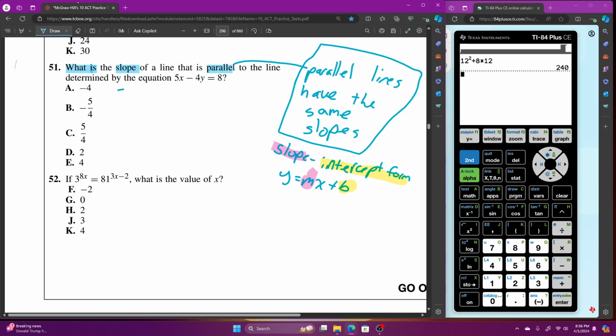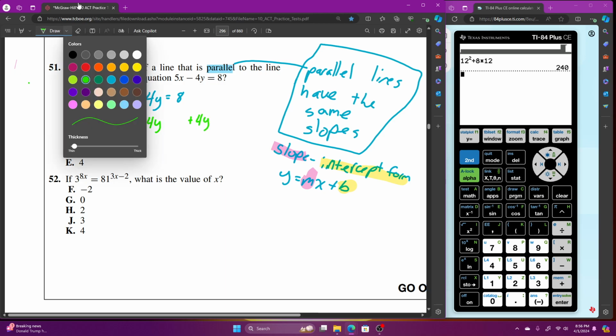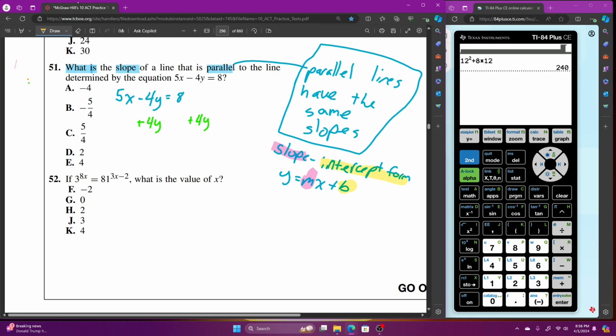So let's take our equation 5x minus 4y equals 8 and solve it out for the y. I want to move my y over to the other side to get it positive, so I'm going to add 4y to both sides of my equation. While I'm at it, I'm going to subtract 8 on both sides of the equal sign. I can rewrite that as 5x minus 8 equals 4y.